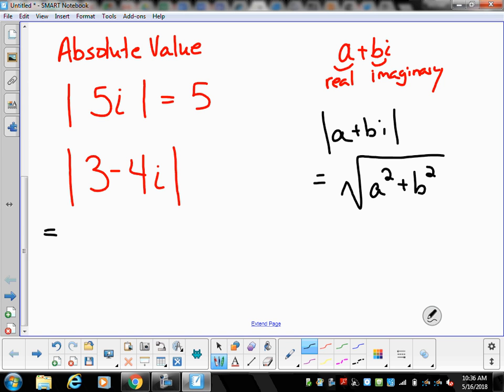So in this problem, what's a? 3. What's b? 4i. Negative 4. b is what's in front of the i, so negative 4. So to find the absolute value, I take the square root of 3 squared plus negative 4 squared.